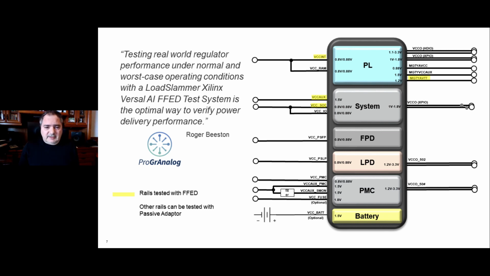Because as we all know, look at how many rails there are in this representative example of the block diagram. Okay, what does this mean? The challenge here really is more rails, more expensive development, right?